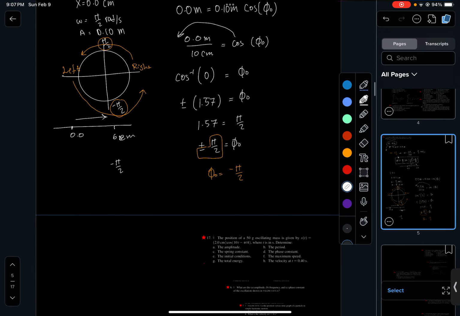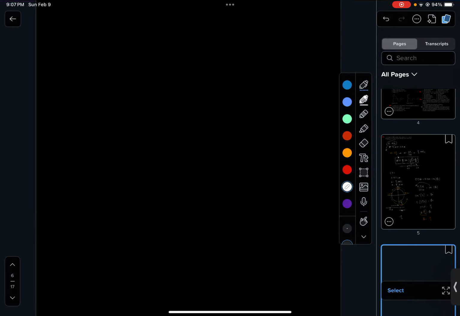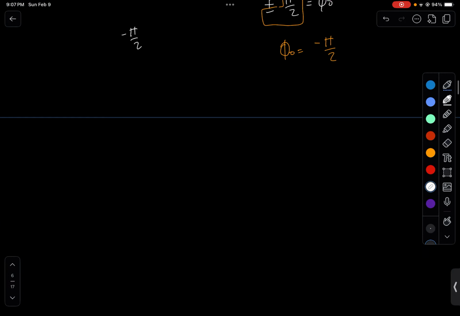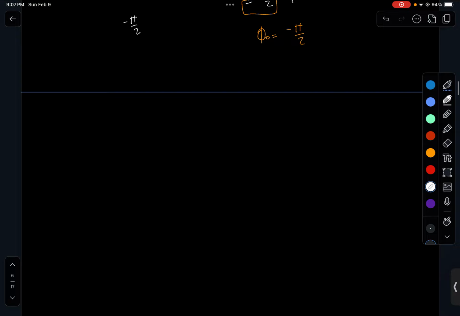Let me add another page. Perfect. Now we can complete our equation of position as a function of time: x of t equals amplitude 0.10 meters, cosine of our angular frequency, pi over 2 radians per second, times t, minus pi over 2.